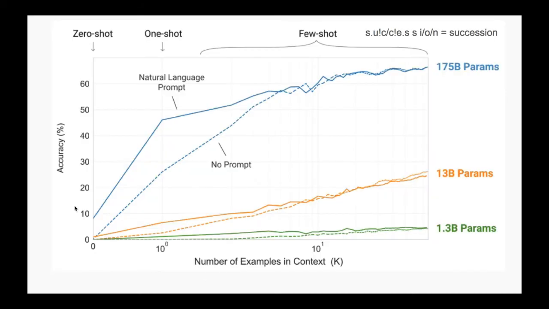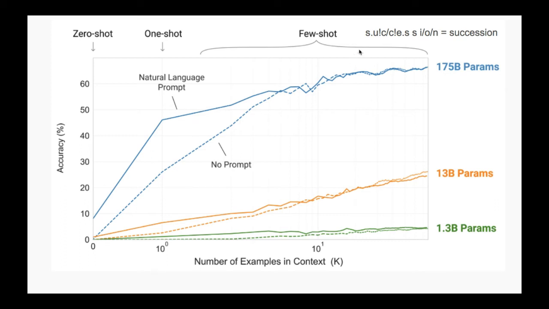To demo how much the examples for few-shot learning affect the performance and how much the natural language prompt increases the performance, we can see from this chart.